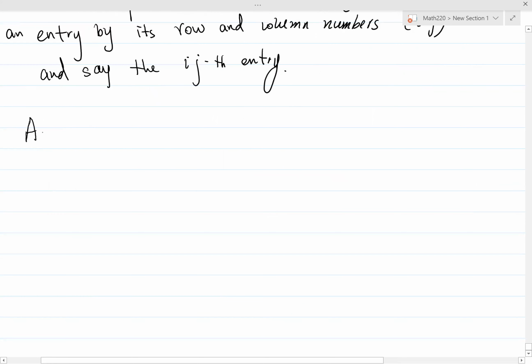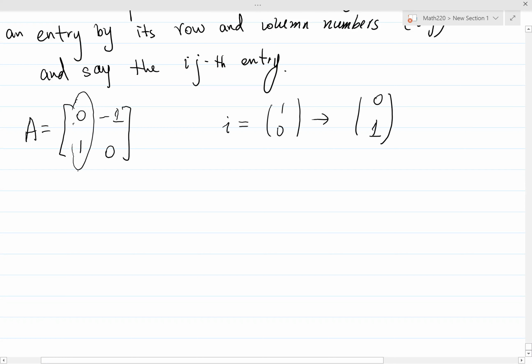Remember our rotation maps I to 0, 1. The first column of A is exactly the image, the result corresponding to I. Now what is J?